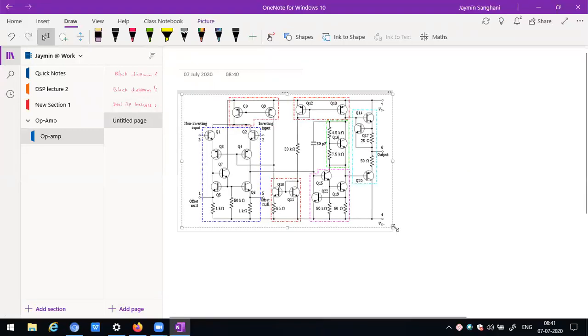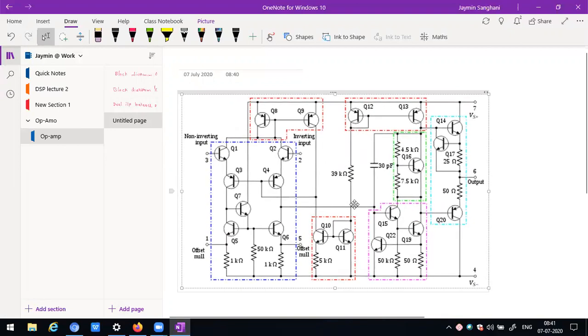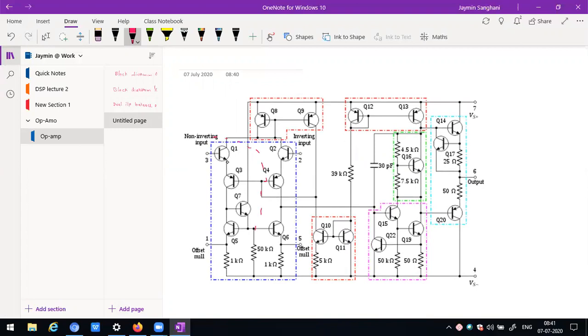This is the entire figure that I would like to explain here. This is the first stage. See the position of my cursor. Consider the red part: dual input balance output differential amplifier, dual input unbalanced output differential amplifier, level shifter and complementary output stage.